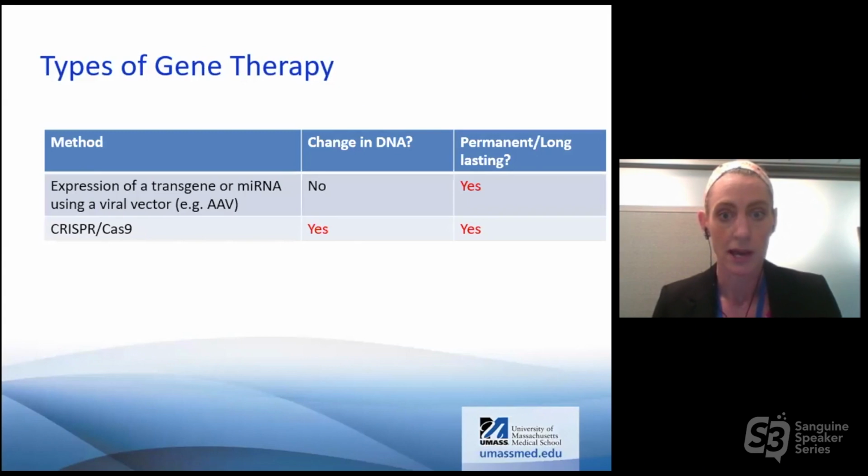So just to compare the types of gene therapy, to drive this home, expression of a transgene or microRNA using a viral vector like AAV does not produce a change in the patient's DNA. It is permanent, or at least very long lasting, whereas CRISPR-Cas9 is going to produce a change in DNA, and it is also permanent and long lasting.